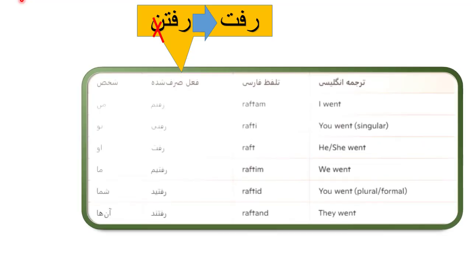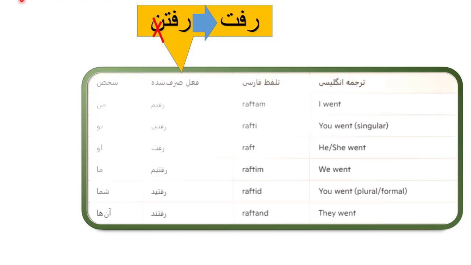Look at this board. من رفتم، تو رفتی، او رفت، ما رفتیم، شما رفتید، آنها رفتند. All of these are شناسه, or ending, personal ending, subject-specific ending, or conjugation suffix.